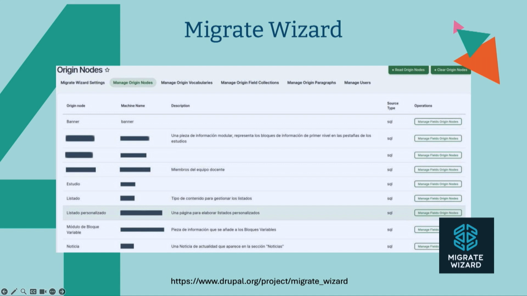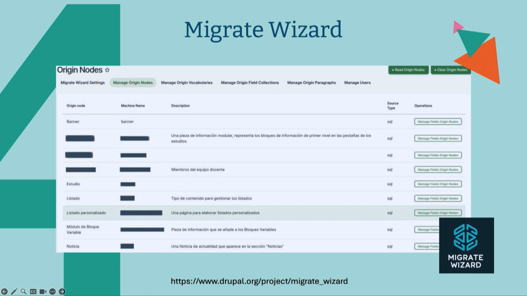We have to connect both databases to this module, the existing Drupal 7 database and the destination Drupal 10 or Drupal 11 database, and it allows us to map every existing field of every content type from the existing site to the corresponding field in the new site. All of this in a very visual and intuitive UI.